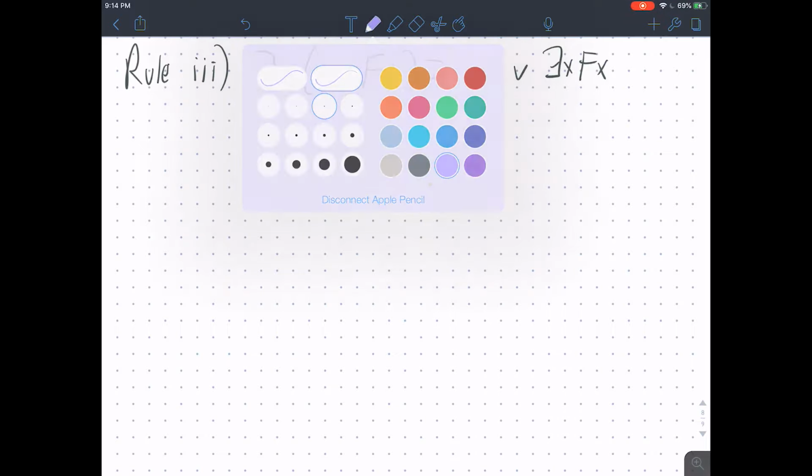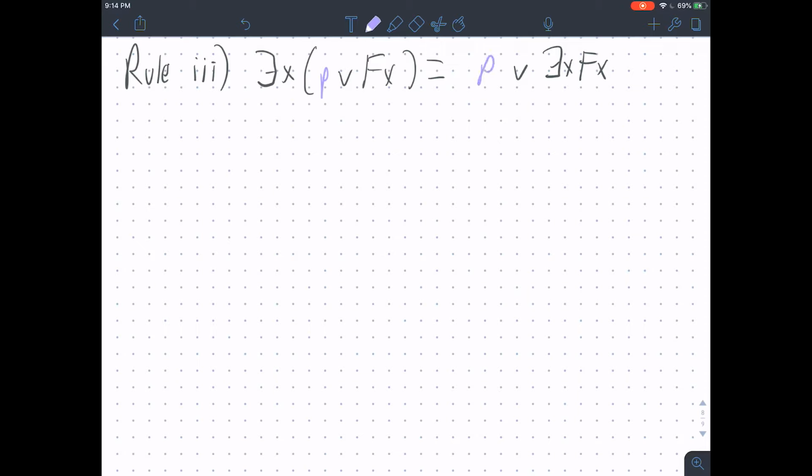Okay. Cool. And again, this says something different than saying that the existential quantifier distributes over alternation, because we're not distributing it. If we were distributing it, then we would have to put it in front of this P here. But we're not. We're leaving the P as is. And remember the P just refers to any schema that doesn't have any occurrences of X, the variable that is bound by the existential quantifier here.